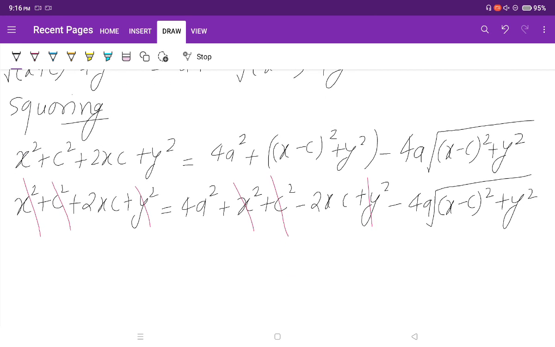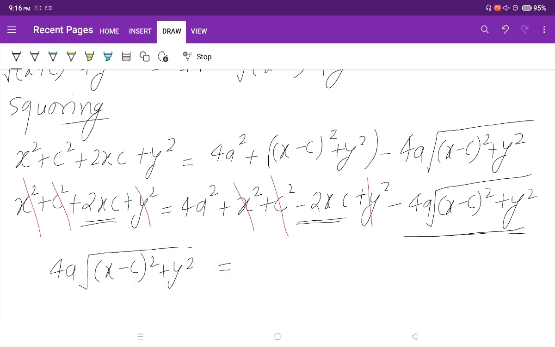Now again rearranging, we will take this term and this term to the left-hand side, so we have 4a times the square root of (x minus c) squared plus y squared equals 4a squared minus 2xc minus 2xc, that is 4xc, correct?